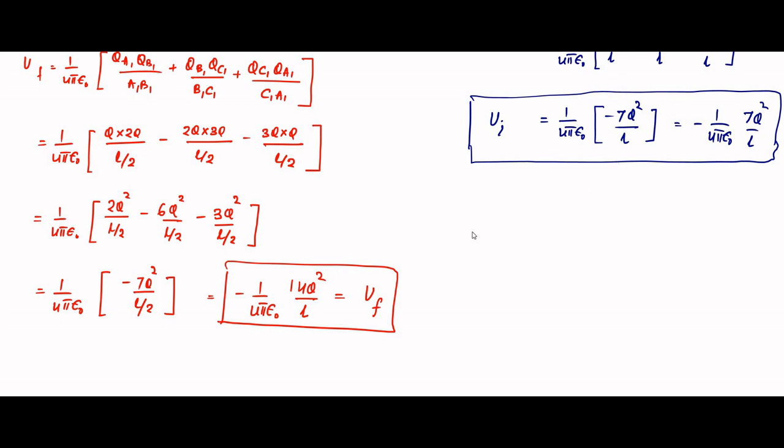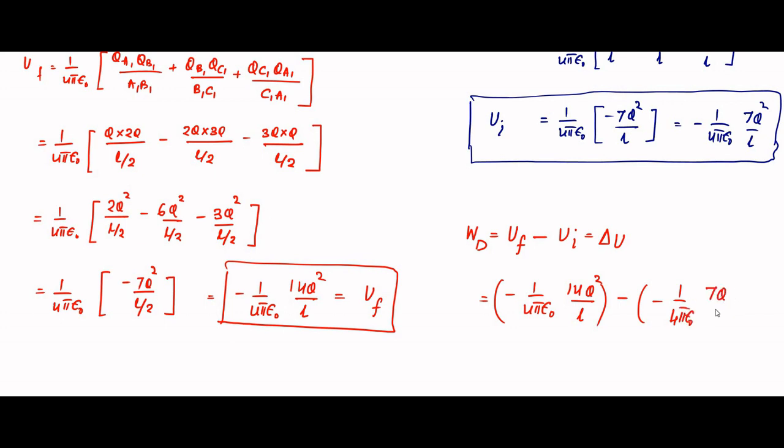Now the work done in shifting these charges is the difference of final potential energy and initial potential energy, which equals minus 1 by 4 pi epsilon 0 times 14q square by l minus, minus 1 by 4 pi epsilon 0 times 7q square by l.